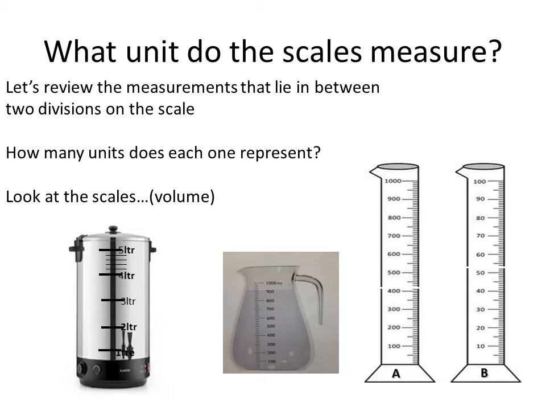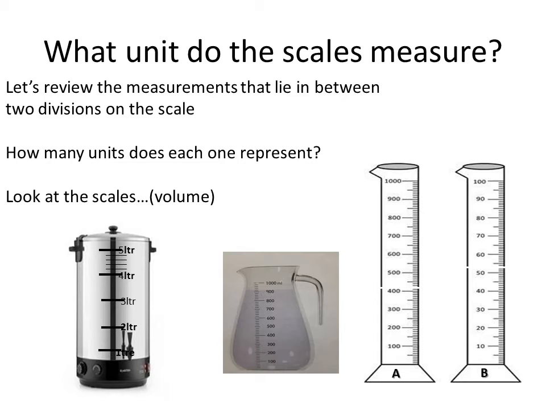It means that between division 10 and division 20, each of those lines represents 1 unit. So if our measurement were between 10 and 20, maybe on the third line after 10, we'll say that we have 13 milliliters of contents in it, because remember we are adding an additional one unit.